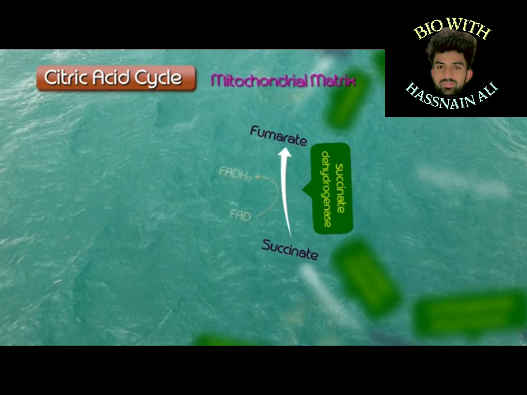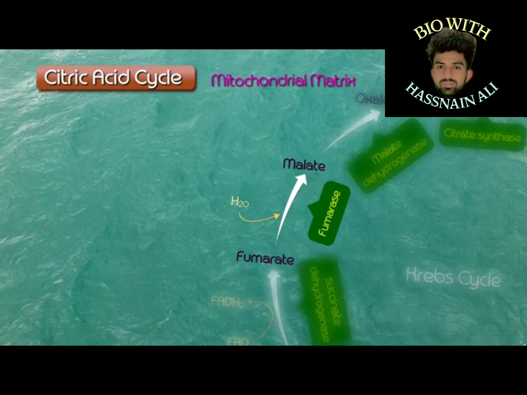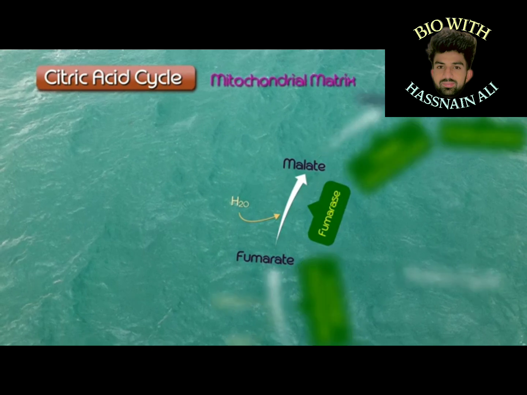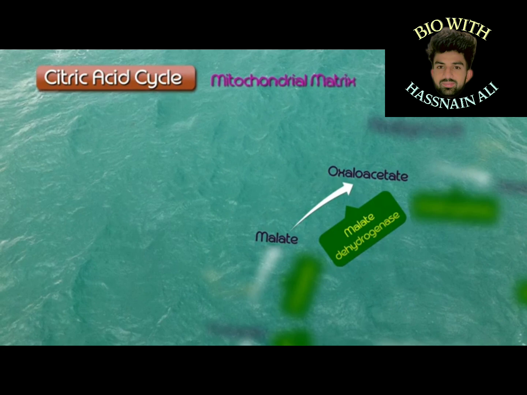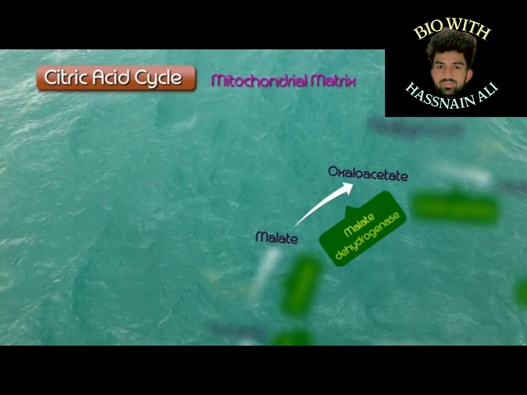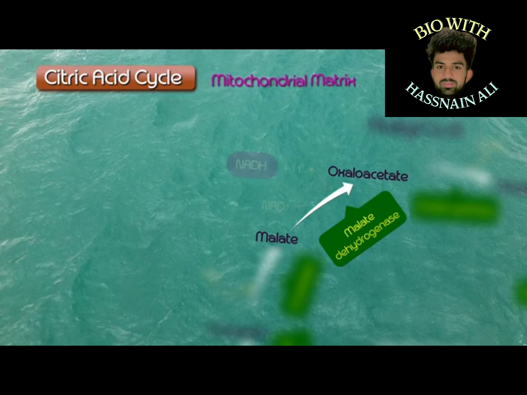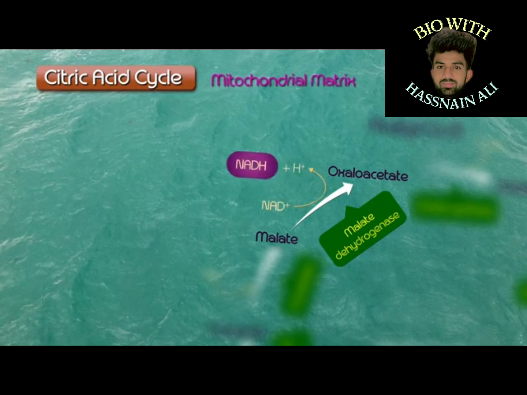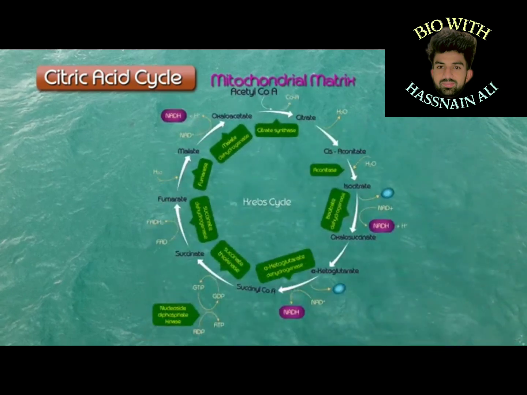In this step, FAD is converted into FADH2 and the mitochondrial fumarase converts fumarate to malate, and at last the enzyme called malate dehydrogenase oxidizes malate to oxaloacetate and the cycle can begin anew. And here the third NADH molecule is produced from NAD plus, and this is all about the citric acid cycle.